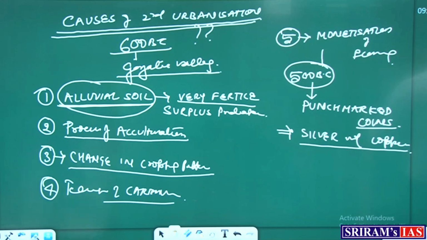It increased the mercantile activities and economic transaction. So these are the basic things which lead to the rise of urbanization.